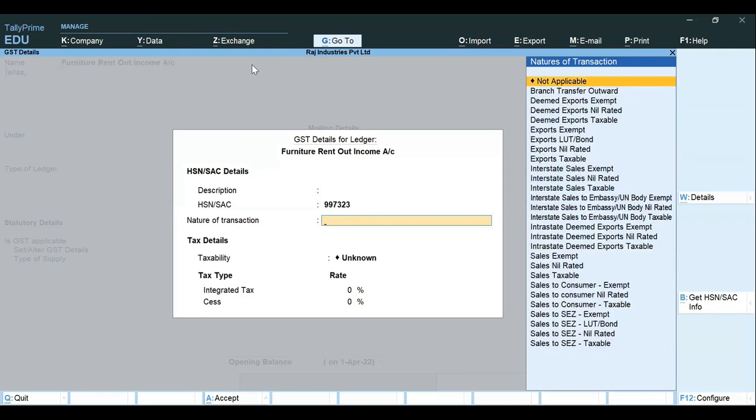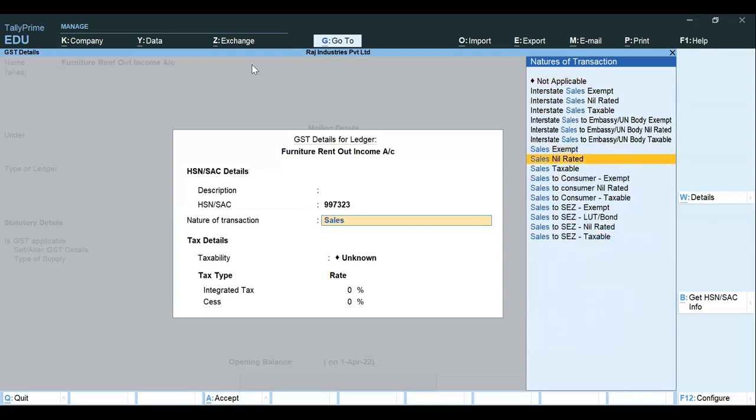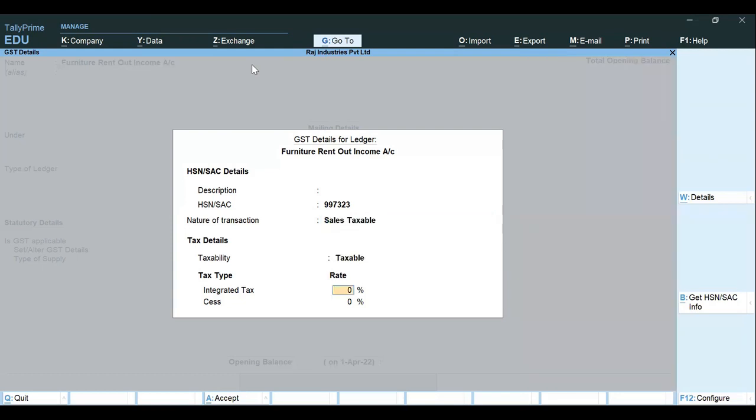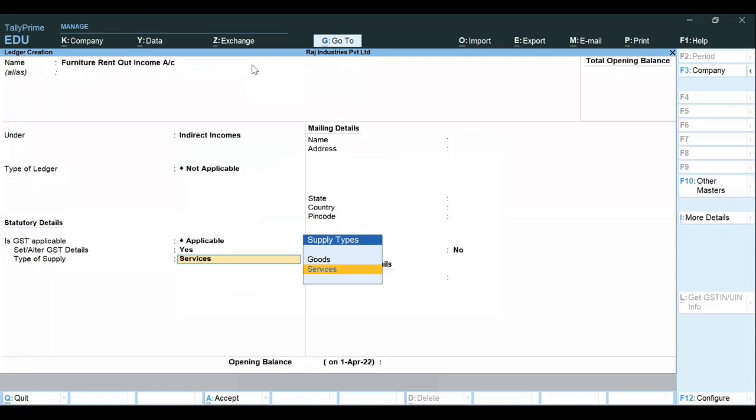So here I'm assuming this is a sales taxable, meaning this is an intrastate sales taxable, and the rate is 12%. So in this way, here you have noticed that SAC number, nature of transaction, taxability, and rate. These are the details which you should be very careful about while you're implementing or creating the ledgers.